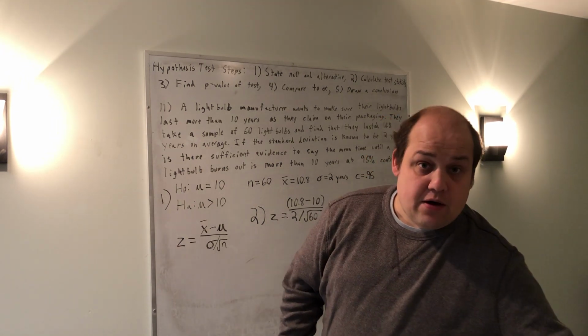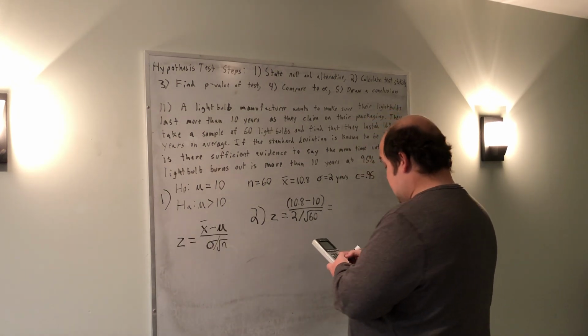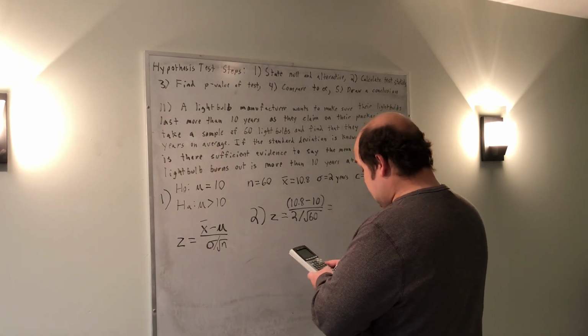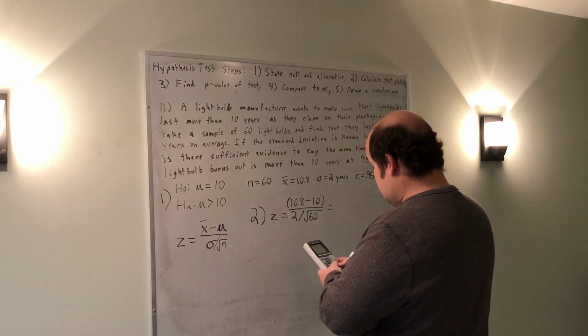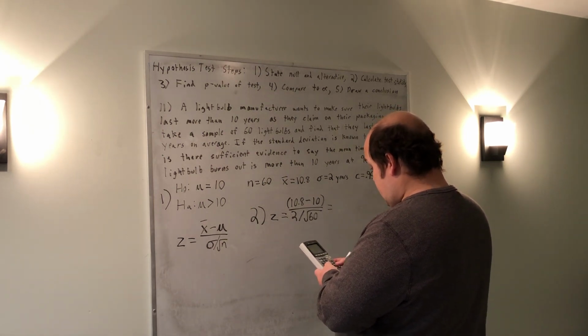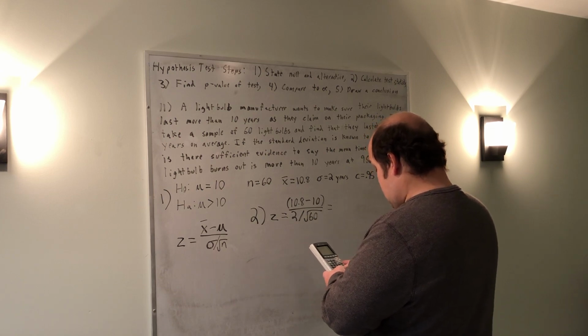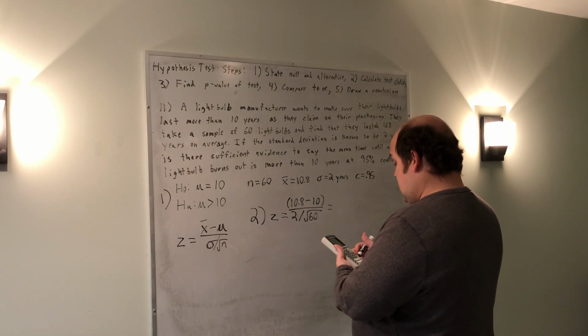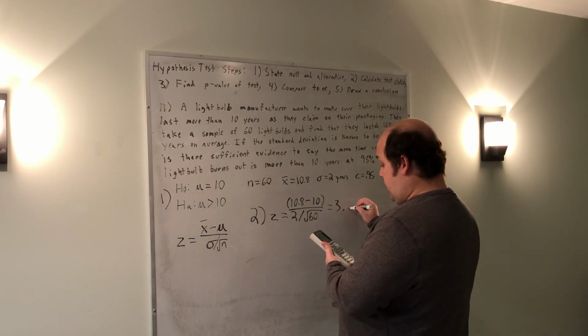So my next step here is to go to my calculator and figure out what this test statistic is. Parentheses 10.8 minus 10, parentheses, divided by parentheses 2 divided by the root of 60, parentheses. This tells me that I get a z-score of 3.098.